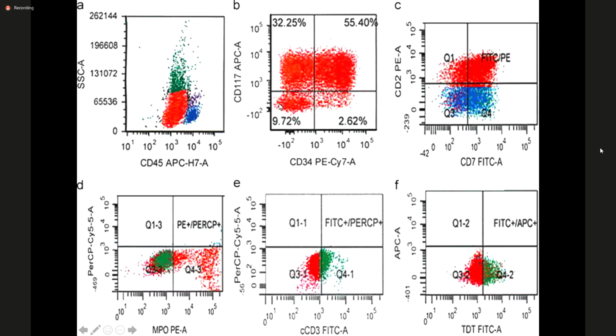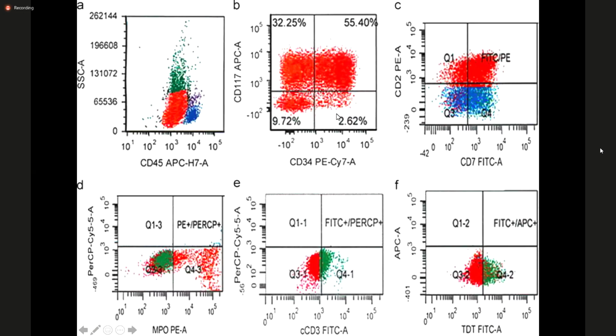And here, this is only CD117 positive and CD34 negative, because the x-axis shows the CD34 and the y-axis shows the CD117. So by looking at this plot or graph, we should be able to say what antigens that particular abnormal population expresses.